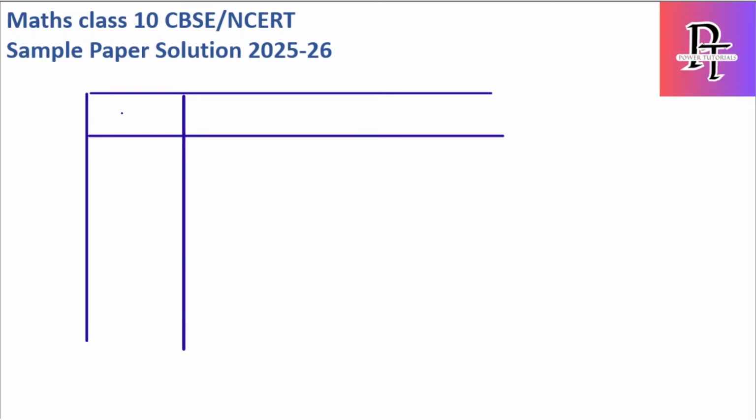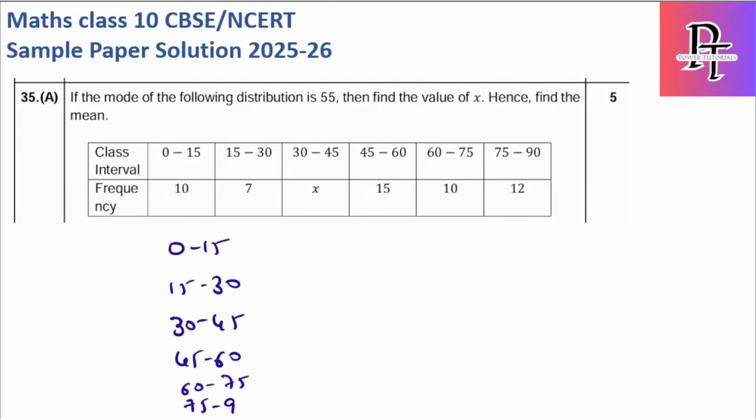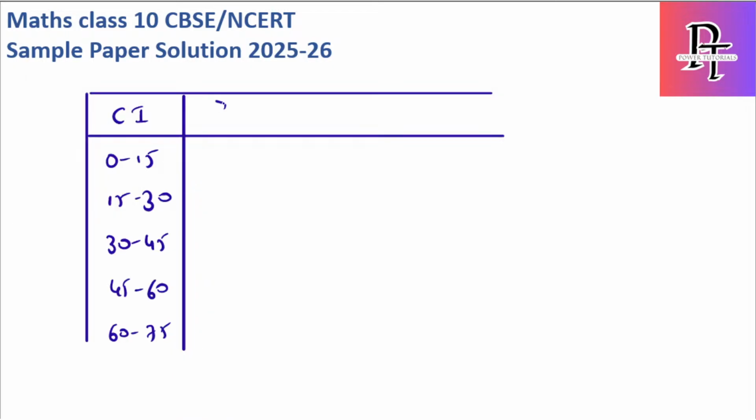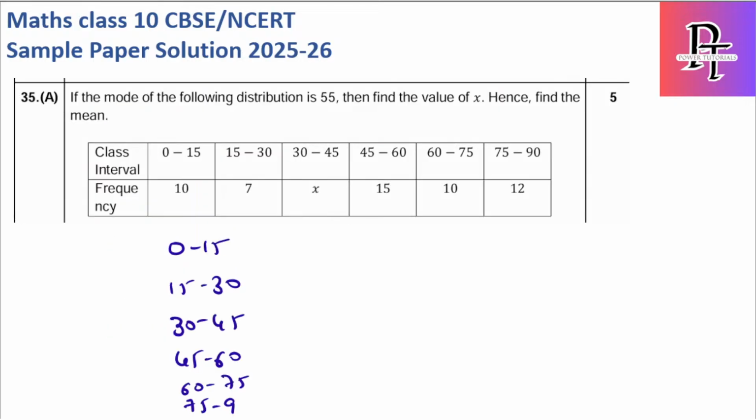Intervals: 0 to 15, 15 to 30, 30 to 45, 45 to 60, and 60 to 75. So what are the fi values? 10, 7, x, 15, 10 and 12.